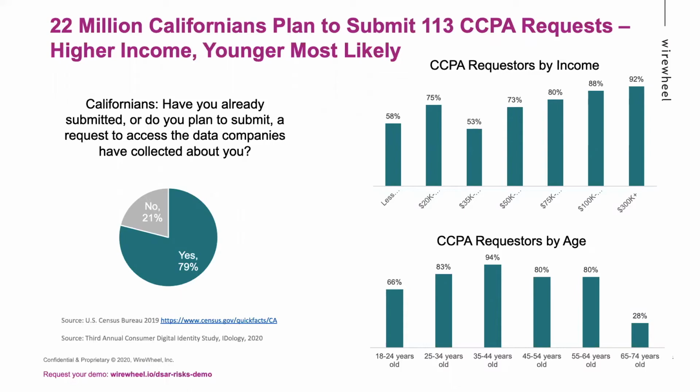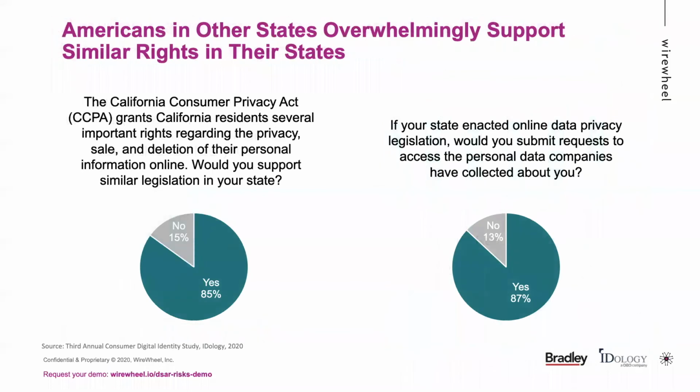So moving on to the next series of questions that we pose, we're also interested in pulsing non-Californians about their interest in CCPA. So data from our 7th annual fraud report that we conducted last September had 65% of fraud professionals believing that CCPA-like requests would be granted to other states in the 12 to 24-month time frame.